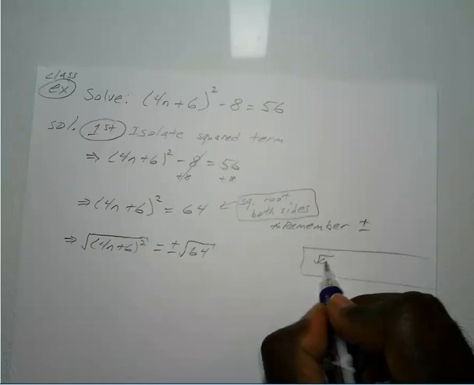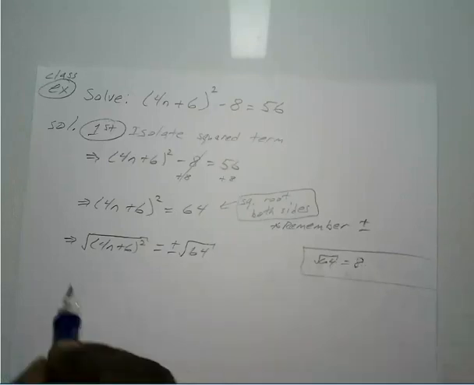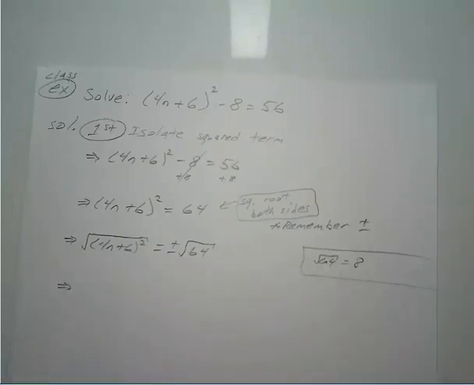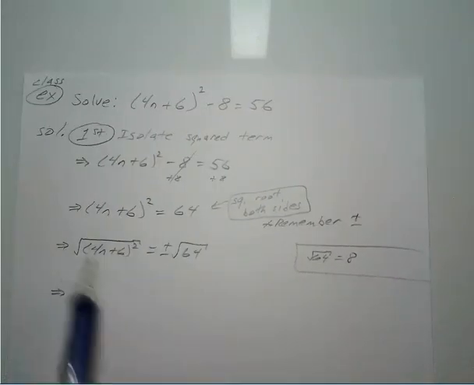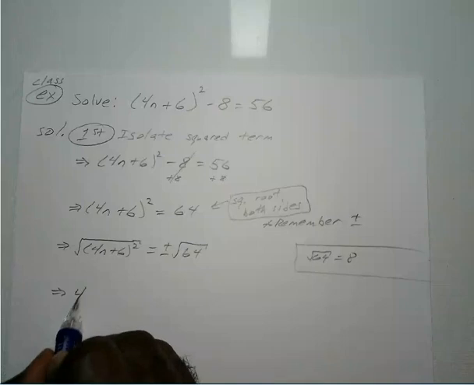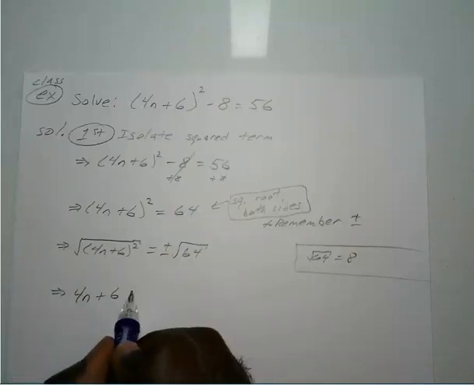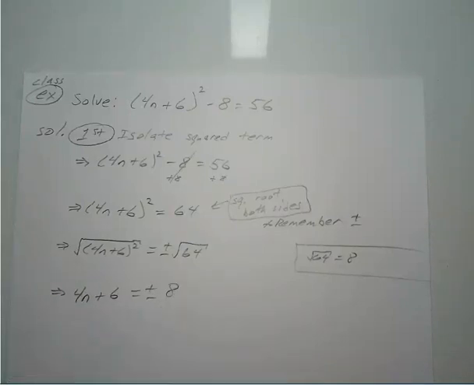And of course, square root of 64 is equal to 8. So once our square and square root cancel each other out, we have 4n plus 6 equals plus or minus 8.